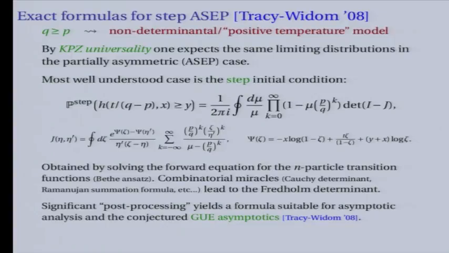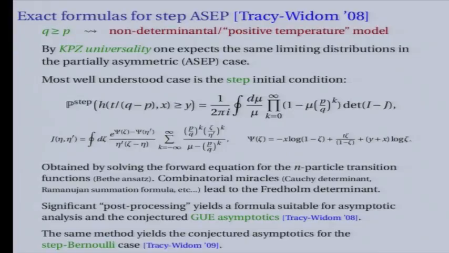Anyway, the point is that it's very specific to the step initial condition where they can perform all these manipulations. And in this case, they could get the GUE asymptotics. Now, actually, the same method works for the step Bernoulli case. This is when you start with a product measure on the positive integers and everything empty on the negative integers.